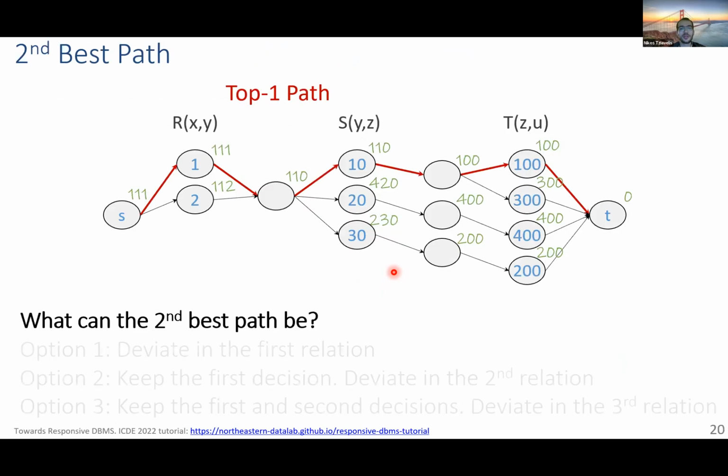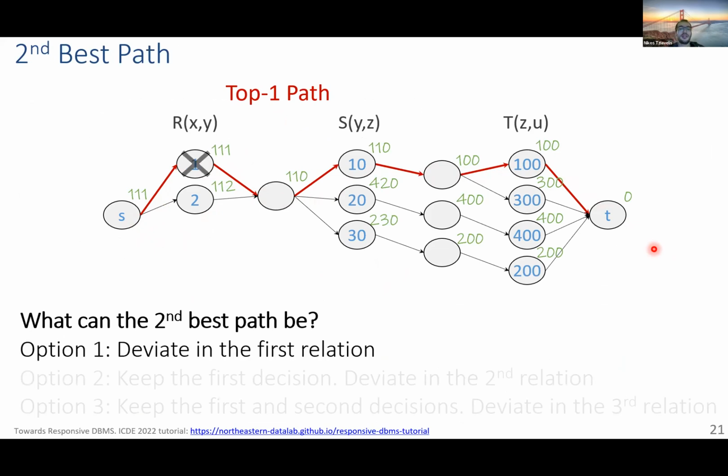So let's see how that looks for our example. We saw that the top one query answer is essentially the shortest path in this representation. And so what is the second best one here? Well, there are only three options.